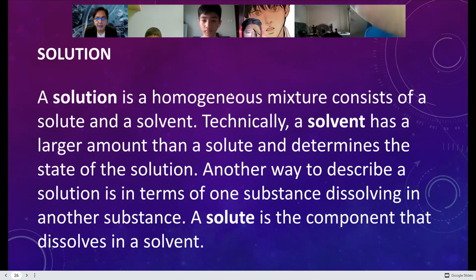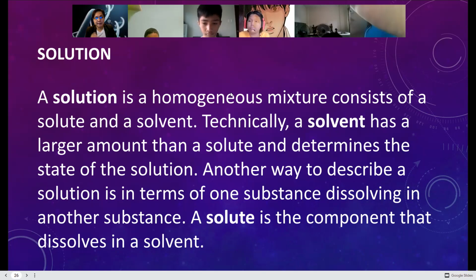Another way to describe a solution is in terms of a substance dissolving in another substance. A solute is a component that dissolves in a solvent. Let's make it more precise. The solvent is the dissolving agent in a solution.